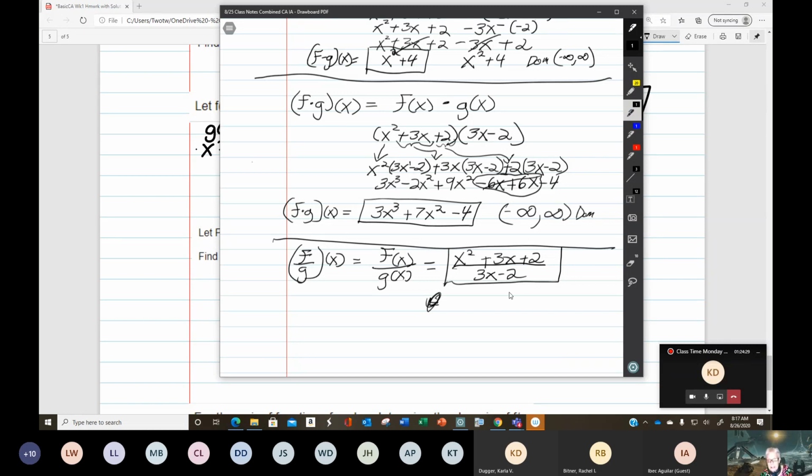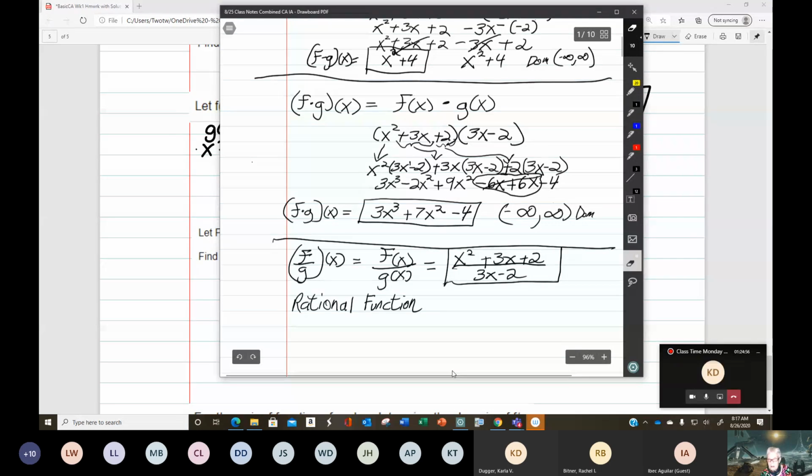All right, now we get to this, and this is a fraction. It is not a polynomial. It's something we call a rational function. Okay, it's a rational function.